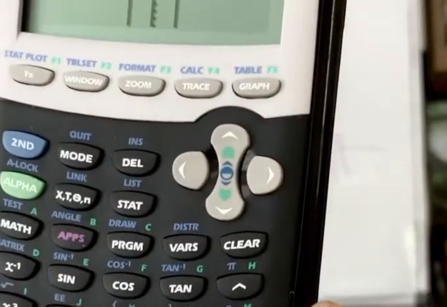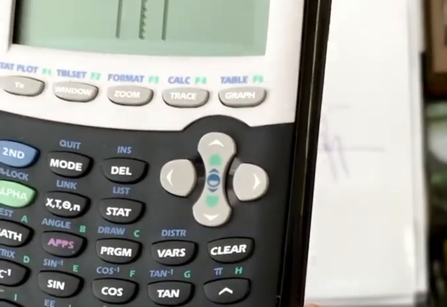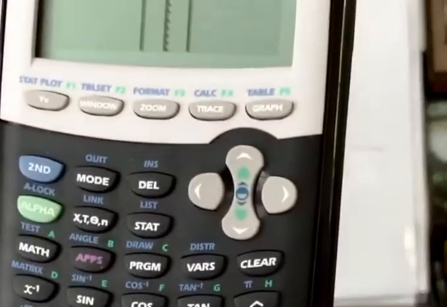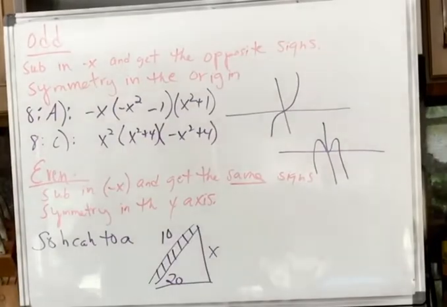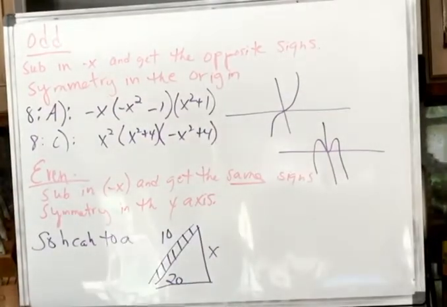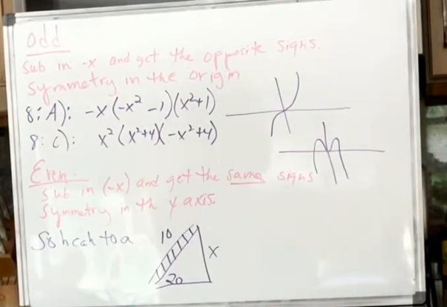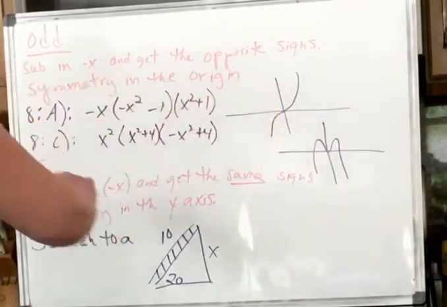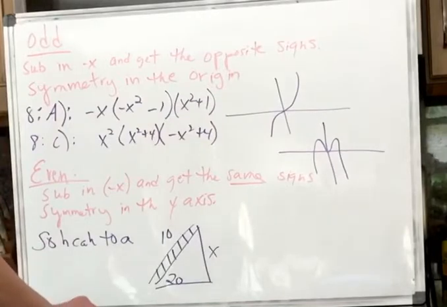I just want to see that along the y-axis I have some symmetry, which means it looks exactly the same on the left side of the y-axis and the right side of the y-axis, and in fact this one does. So I use the graphing approach for these, and when you later look at the answer key, you can see that I will also use the algebraic approach. So there's two of your answers: 8a is odd, 8c is even.